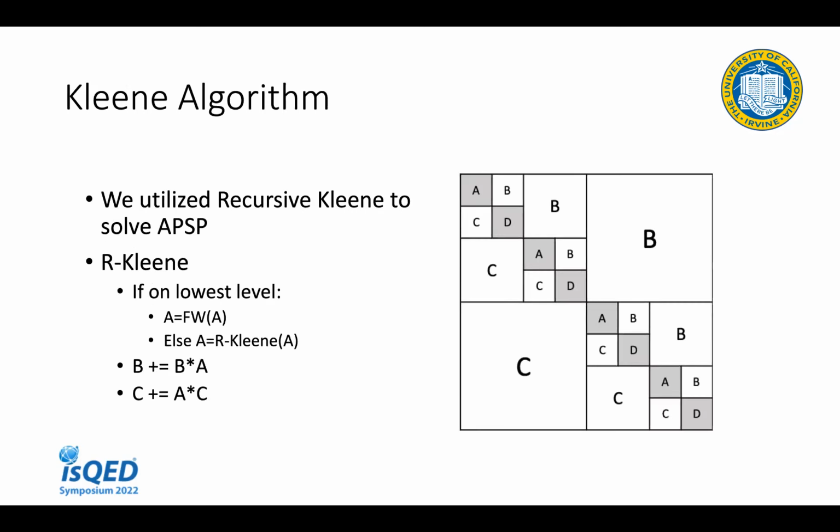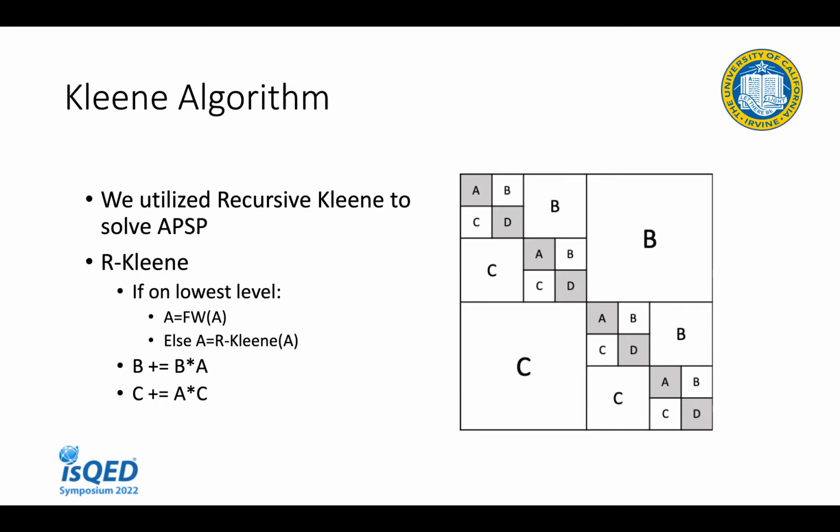In the recursive version of Kleene's algorithm, we recursively decompose the adjacency matrix of the graph over the main diagonal, as shown in the figure. And once we are on the lowest level of recursion, we call Floyd-Warshall on the blocks that are on the main diagonal, the ones that are grayed out.